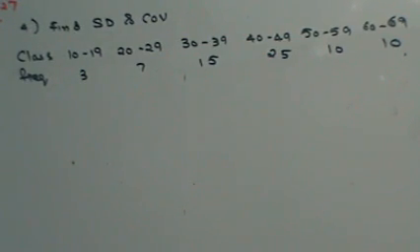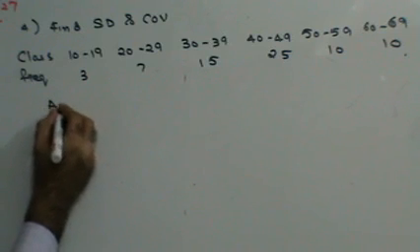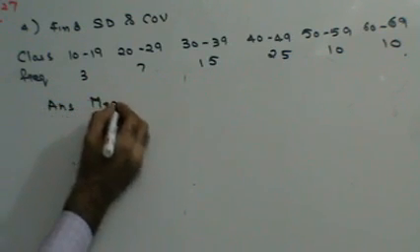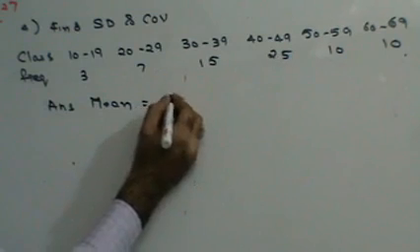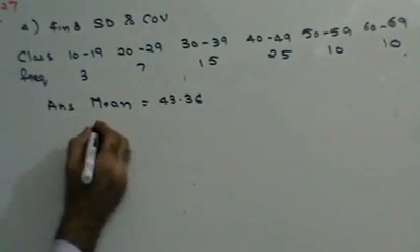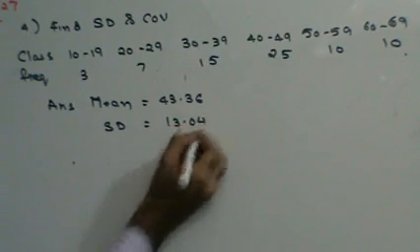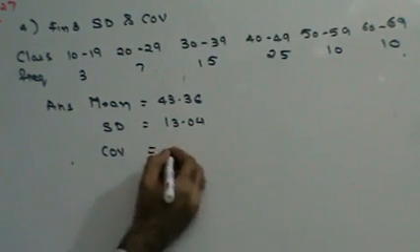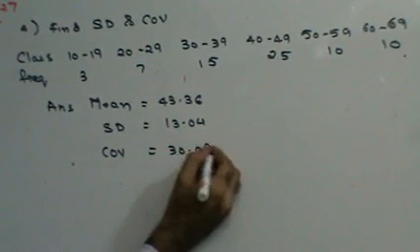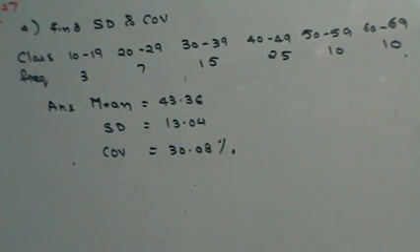Do we understand this? The answer for this should be mean 43.36, standard deviation 13.04 and coefficient of variation 30.08%.